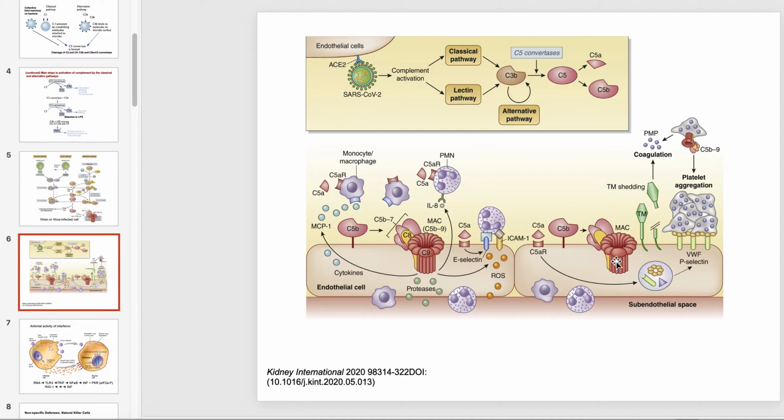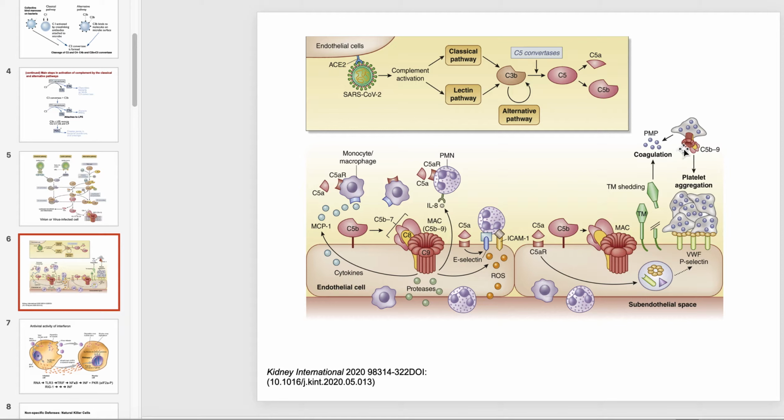So as I said, the MAC formation can happen, and that can cause cell leakage. And the cells themselves start to produce these VWF, for example, von Willebrand factor, or P-selectins, which cause platelets to aggregate on the surface. And that's part of a clotting cascade.